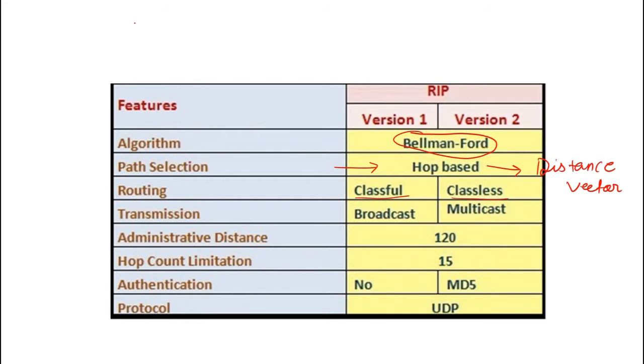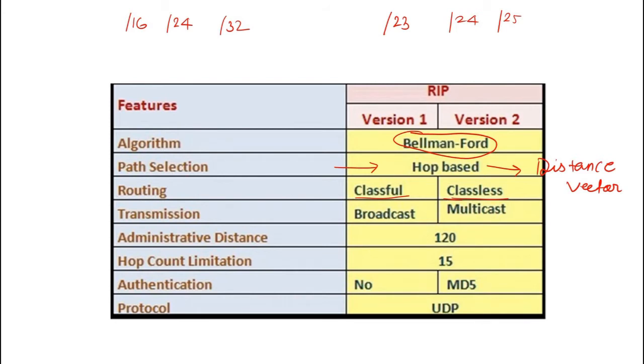Classful means it supports only up to /16. After /16, it goes to /24. After /24, it can go to /32 only. While in classless, we can use anything like /22, /23, /24, /25, as we saw in the previous first part.